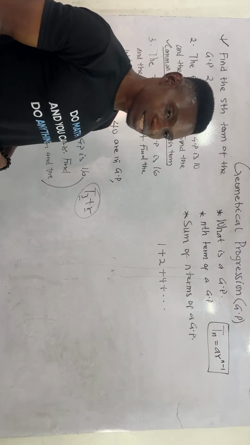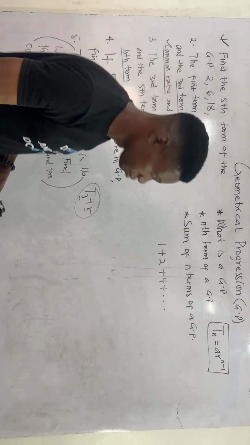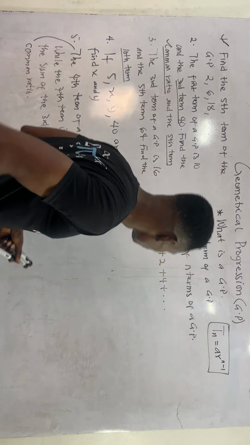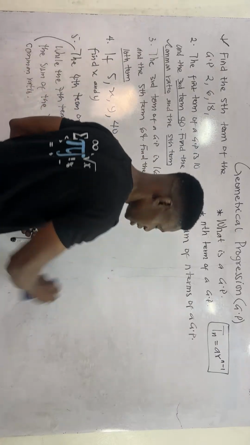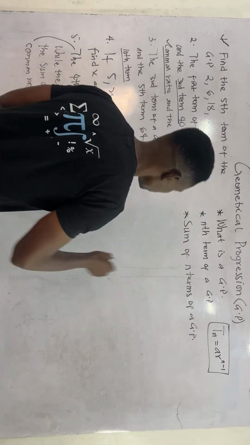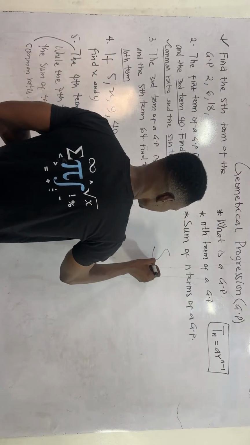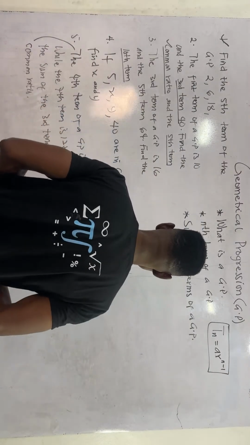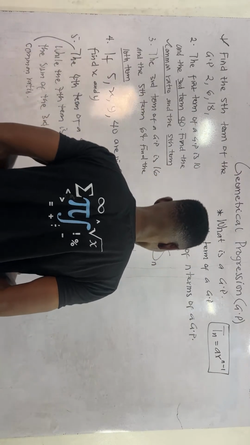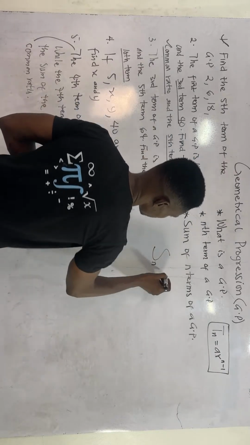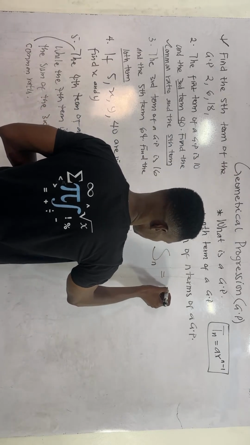So the sum of n terms of a GP, we'll call it Sn. Let's give the formula first, then we'll come back to analyze.